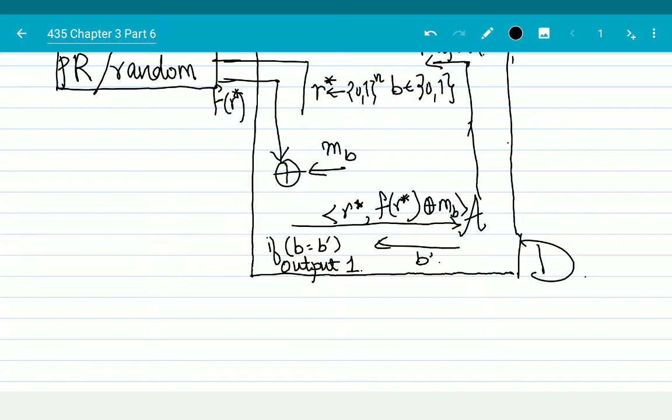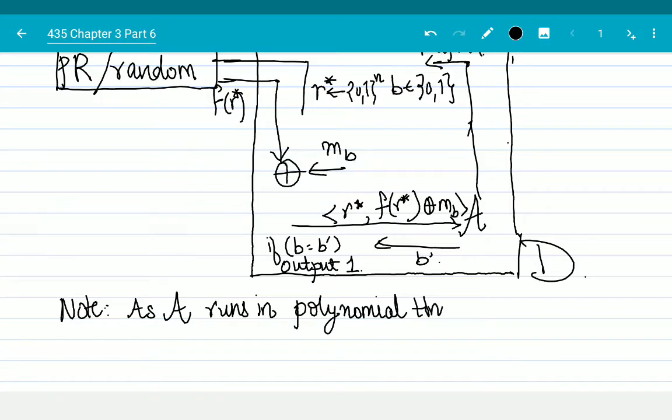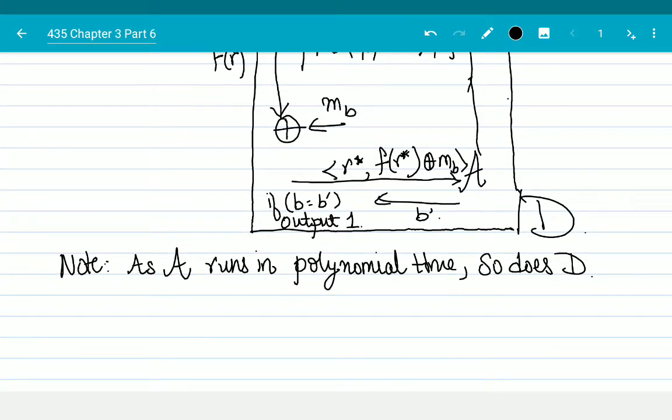Note that since A runs in polynomial time, so does D. As A runs in PPT time, polynomial time, probabilistic polynomial time, so does D. Because while D is doing some extra steps, the steps by themselves are finite.